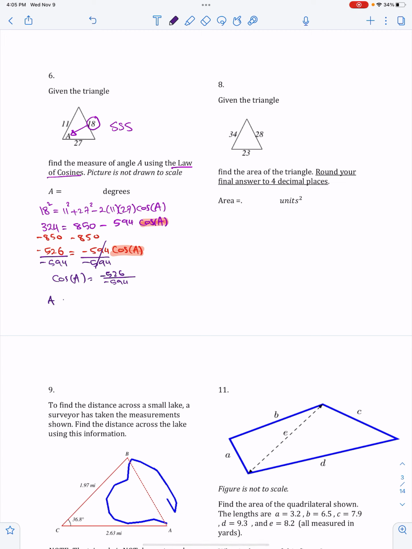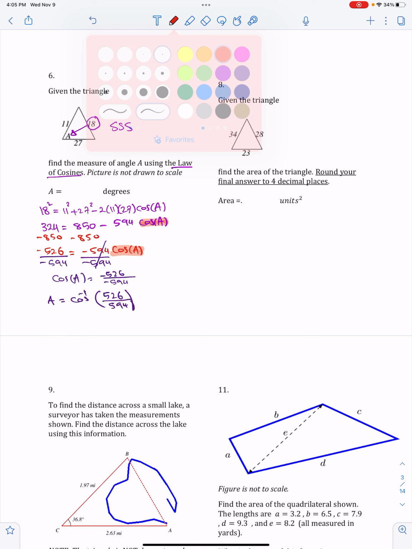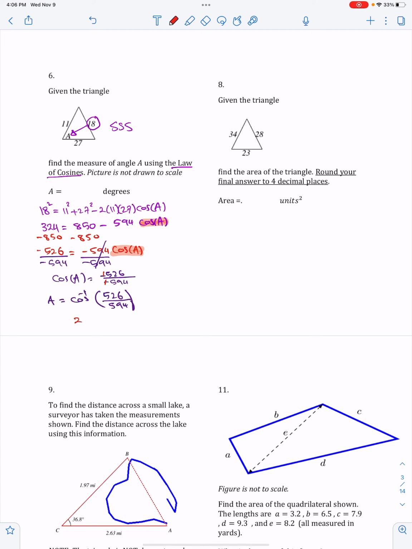And from here we can find A, which is the inverse cosine of 526 over 594. Notice how the negatives cancel. I'm going to plug that into my calculator, making sure I am in degree mode, not radians mode. So the inverse cosine of 526 divided by 594 is equal to 28.09.